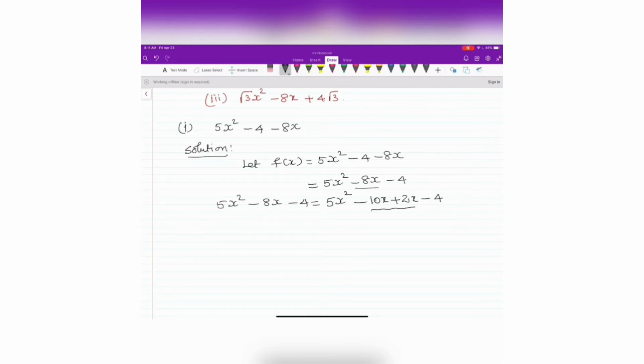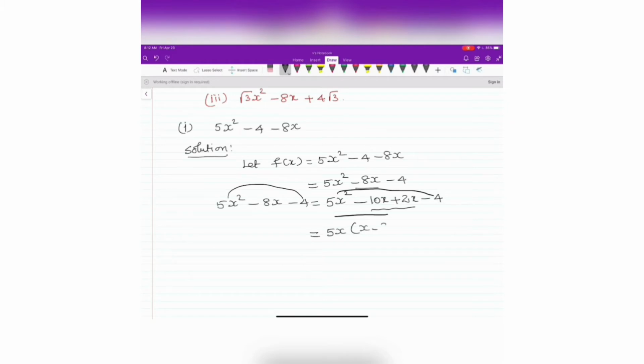Now, when I multiply minus 10x and 2x, I should get the product of the first and the last terms. That is the procedure.